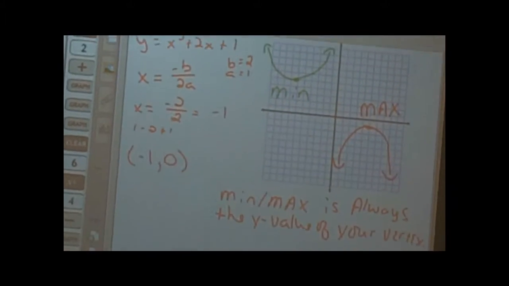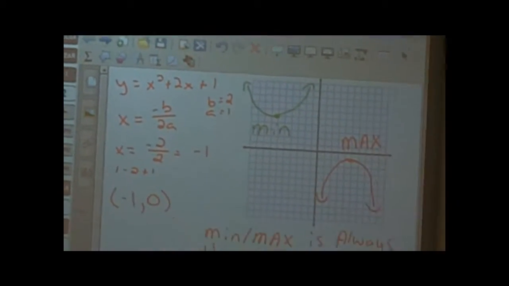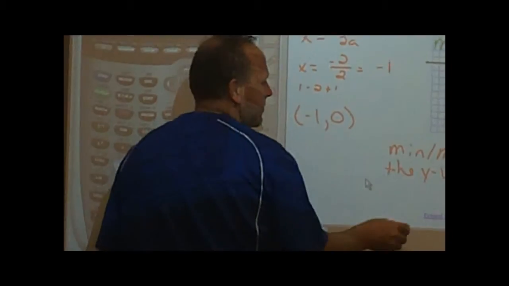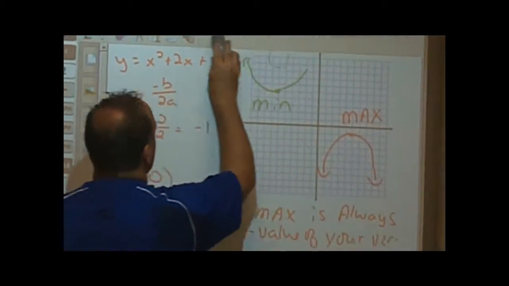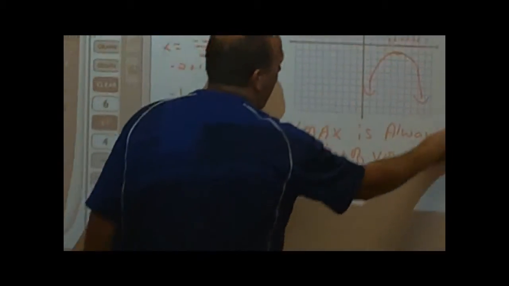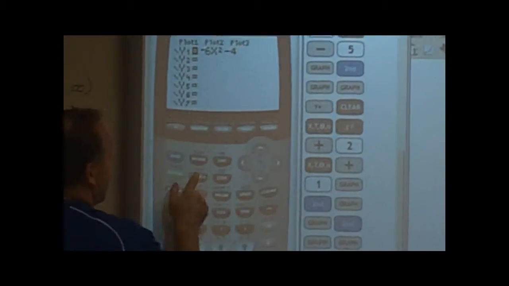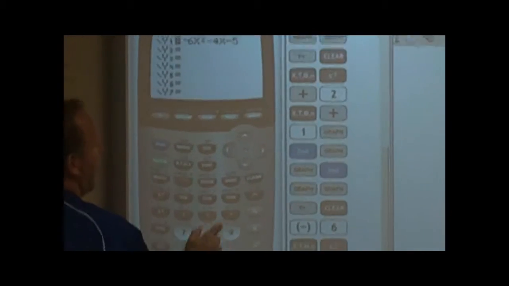Alright, let's do number 6 together as a group. Turn your worksheet to 6. We'll clear this. The equation is negative 6x squared minus 4x minus 5. I graph it.